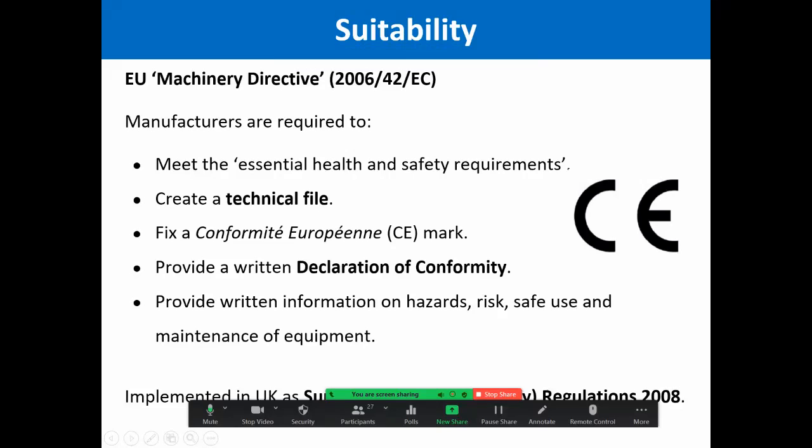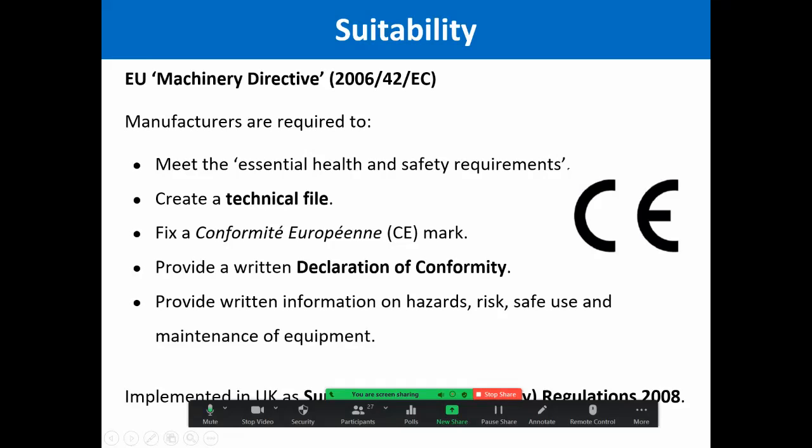You also need to make sure that the manufacturers provide a certification, a certain marking on the machine and equipment, to show that they are meeting the health and safety requirements. One of the most common markings is called CE. CE stands for Certificate de Europa.